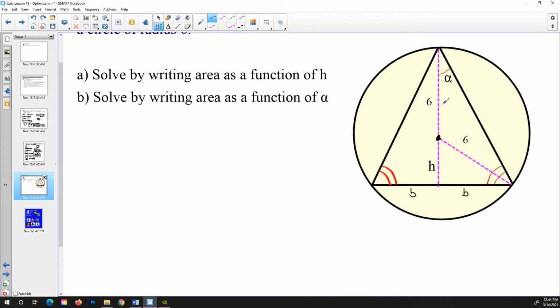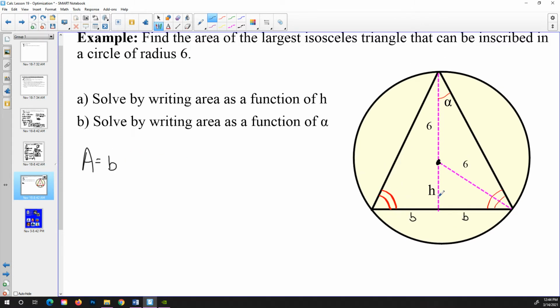So if I want to find the area of this triangle, it's going to be A is equal to 1/2 this whole length, which is b, times the height, which is going to be 6 plus h.